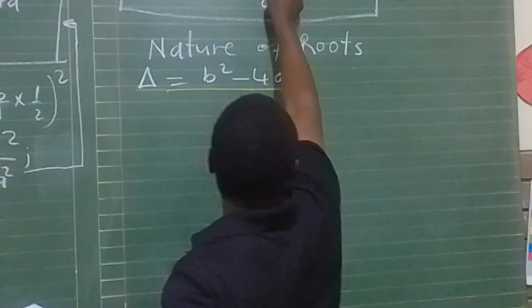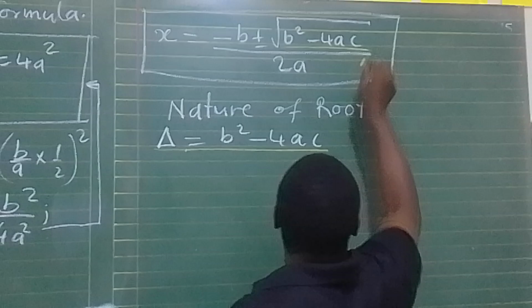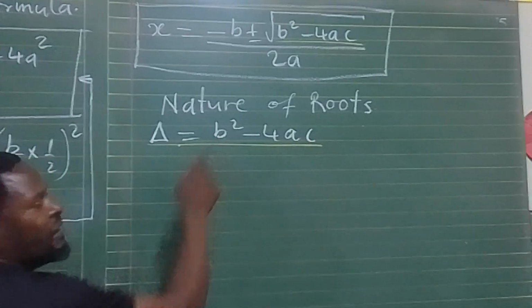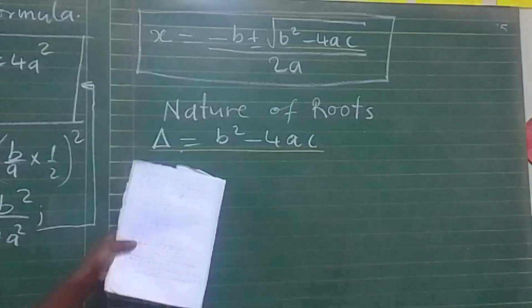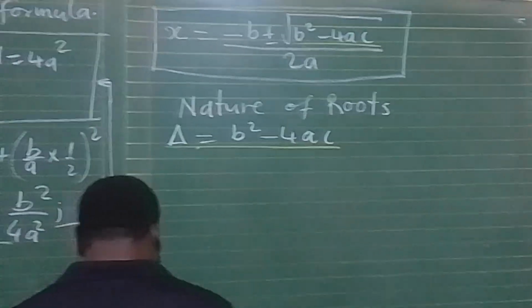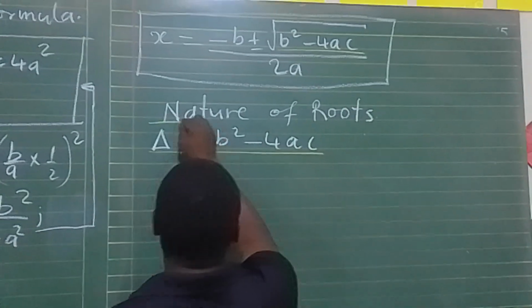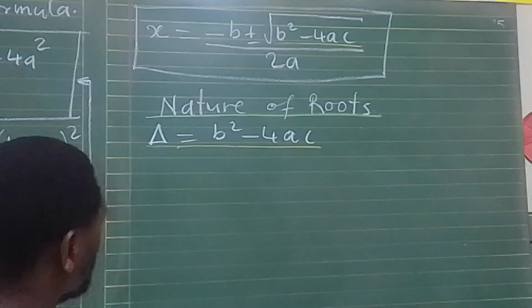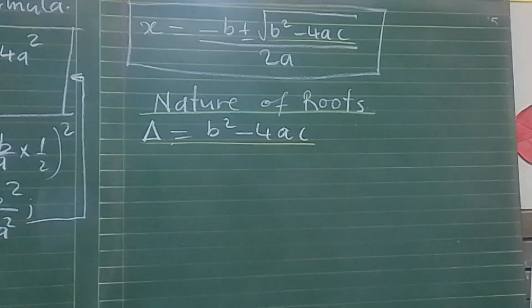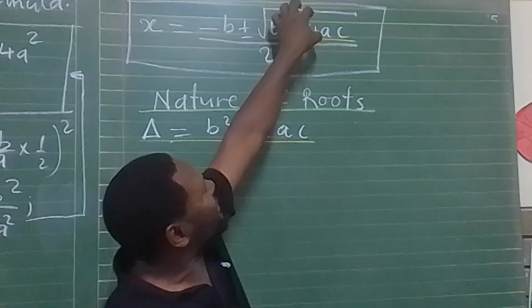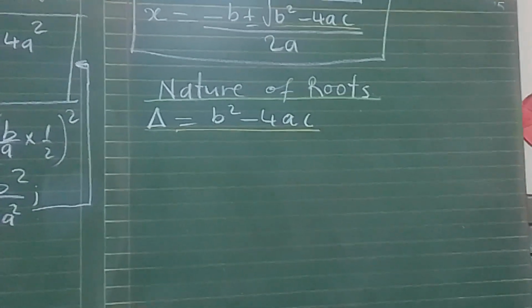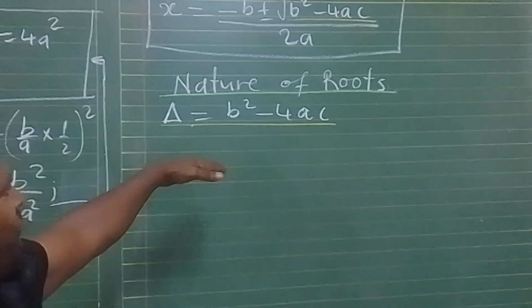This part, b squared minus 4ac, is the discriminant, and it tells us about the nature of the roots. The discriminant is this part under the root. Now we are going to carry on with the nature of the roots in the next topic.